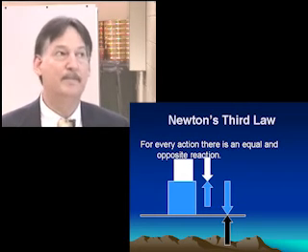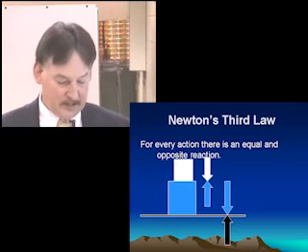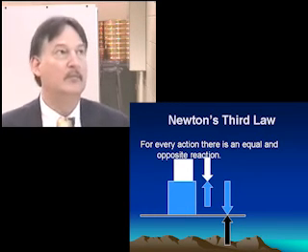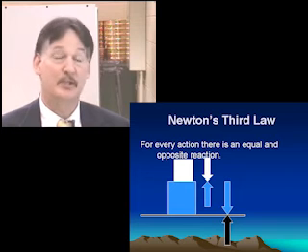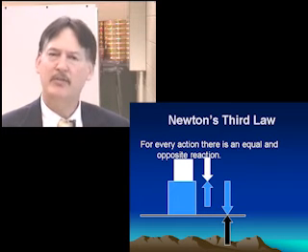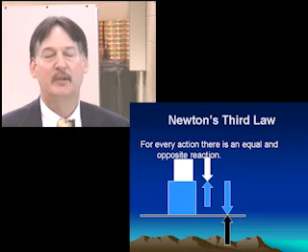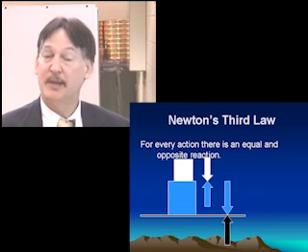Notice that the box, in this case, the white box sitting on top of the blue box, which is sitting on the floor. Well, what are the forces going on here? Well, each box has mass.